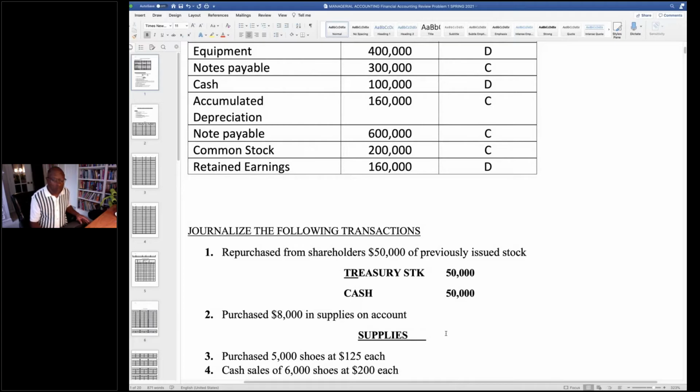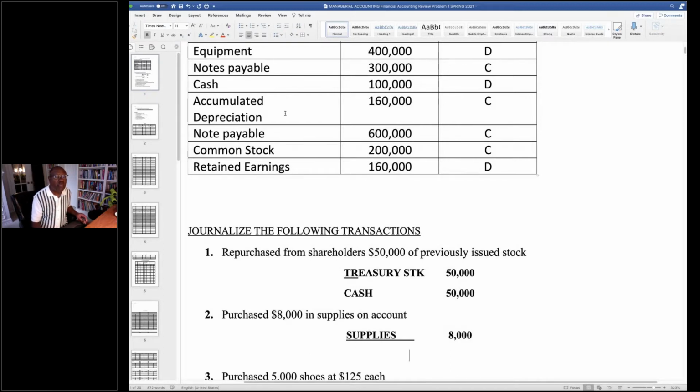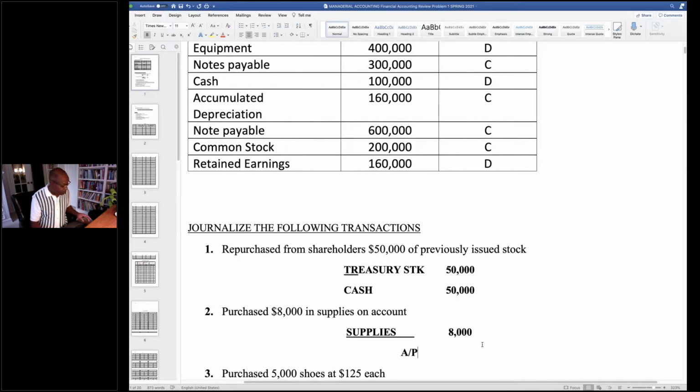So we debit supplies for 8,000. What are we crediting? Accounts payable. Any questions on these first two journal entries?